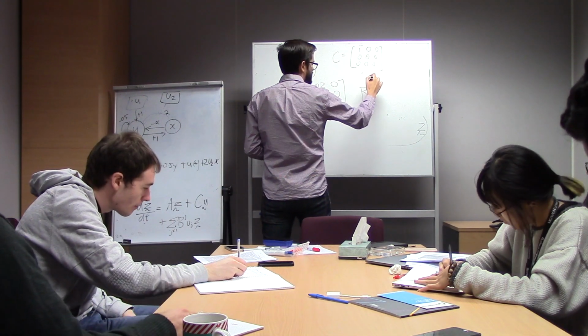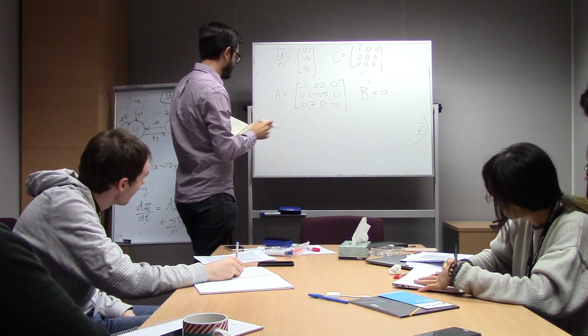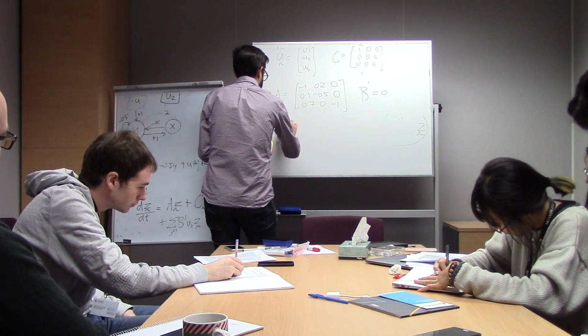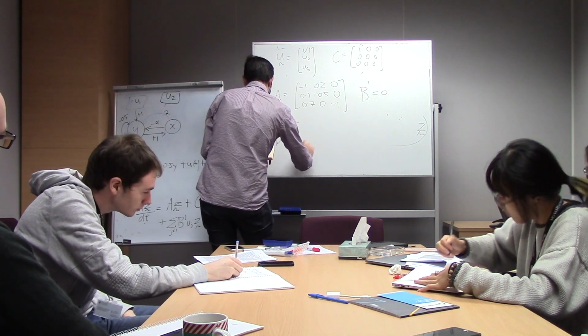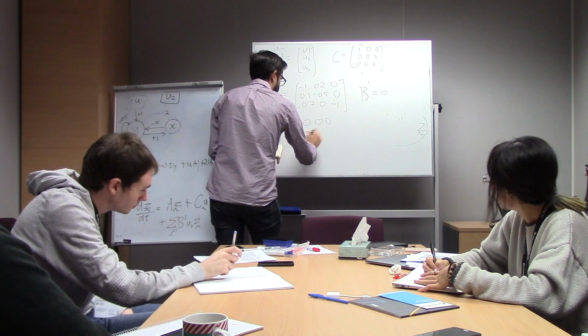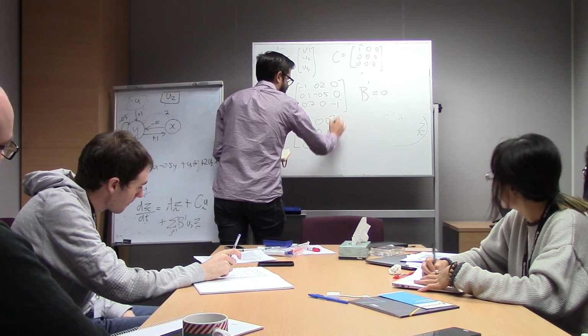So this modulation term, B1, is 0. It's always 0. I leave it at 0. B2, the second one. These are normally quite easy because you don't have too many modulations.